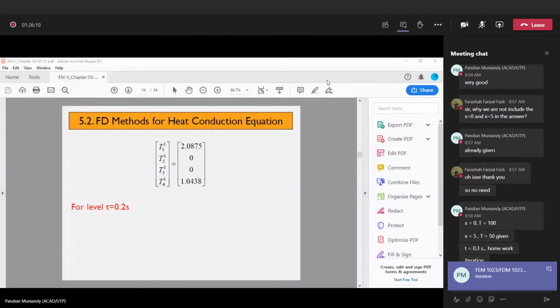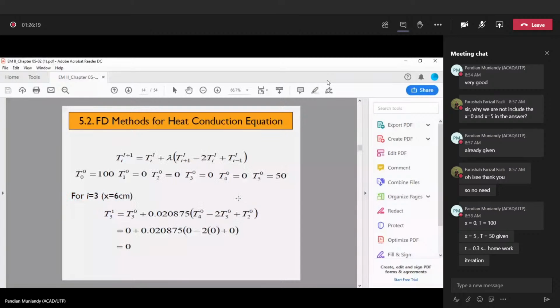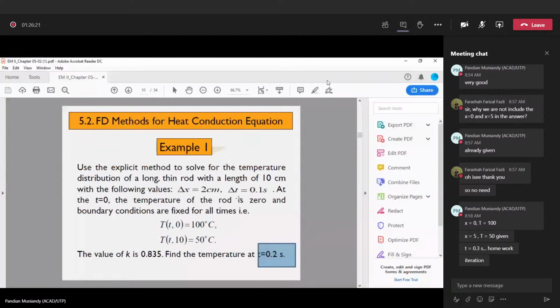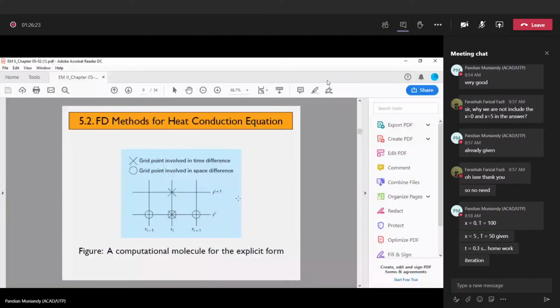So the temperature, you see this diagram. So you go back to this. So the x-axis is the vertical axis. So you can plot the graph.